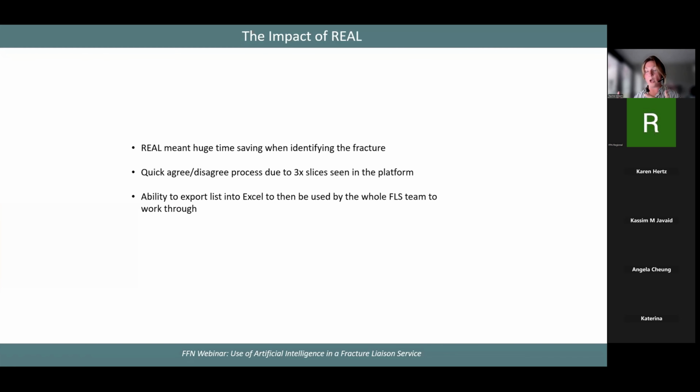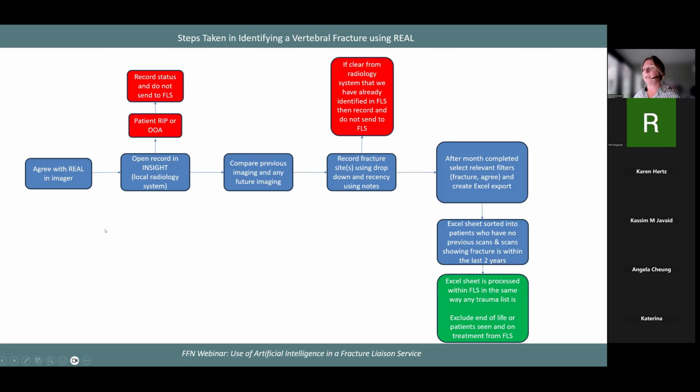And then that can be worked on by the wider FLS in the way that we would do for any other list, be it a trauma outpatient list or an inpatient list. So, a way that we're used to working within FLS, a list of patients that we know have a positive vertebral fracture who then need triaging in the way that any other FLS patient would do. So that's the point that we have reached with that now.